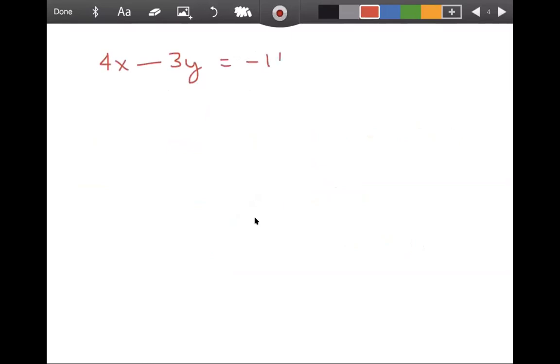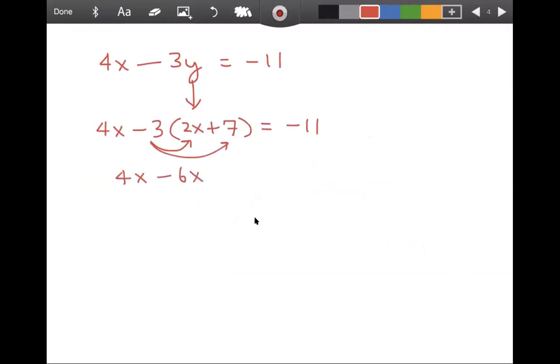And I'm going to replace y with 2x plus 7. Distributing the -3, we get 4x minus 6x minus 21 equals -11. 4x minus 6x is -2x.